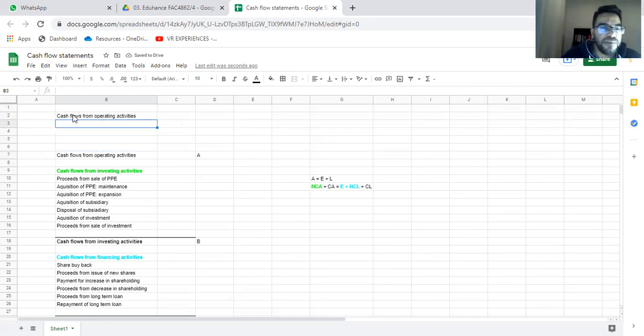The first section is cash generated from operations, cash generated or utilized. If it's negative, it's utilized. If it's positive, it's generated. Cash generated or utilized from operations.